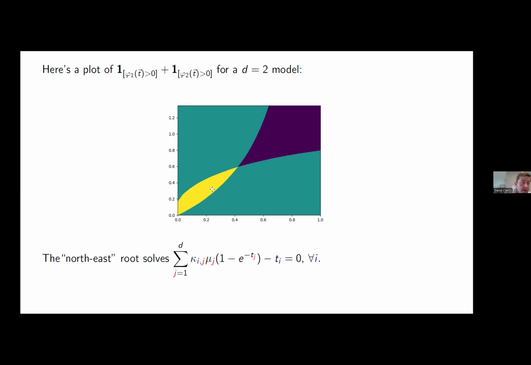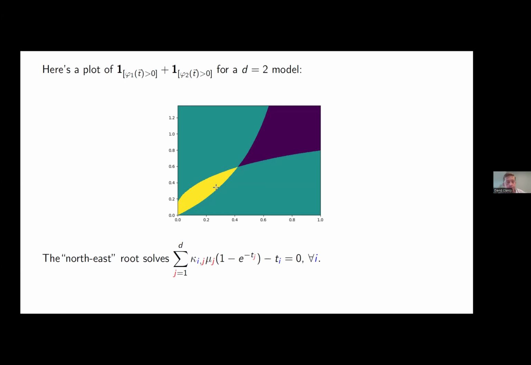The yellow region in the bottom left is where both are positive, and the top right region in purple is where both are negative. And what we see is that all four regions intersect at some common point that is t naught. And that, in this two-dimensional case, is the non-trivial solution of a fixed point equation.